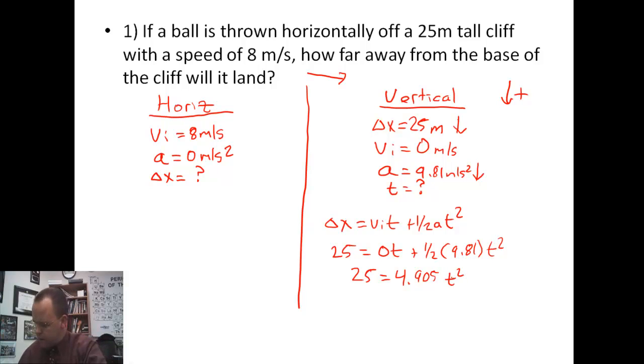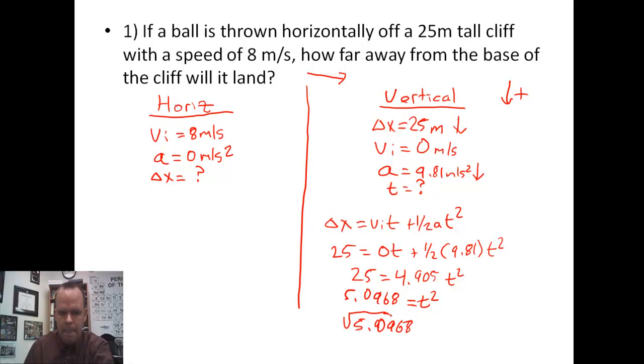So we're going to divide 25 by 4.905 and get 5.0968 equals t squared. Take the square root of 5.0968 to get t. We get 2.26 seconds.